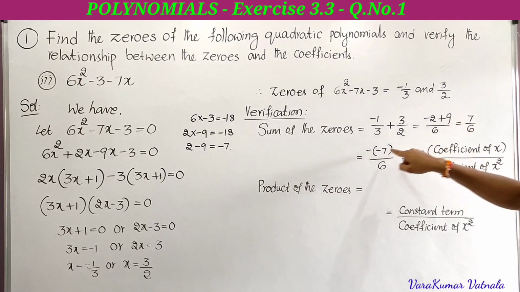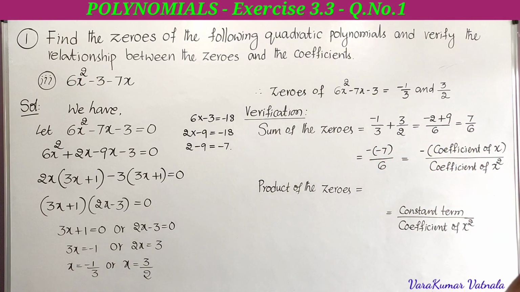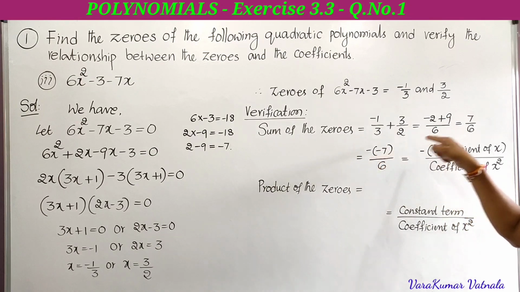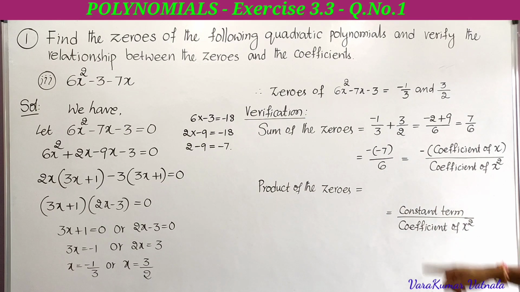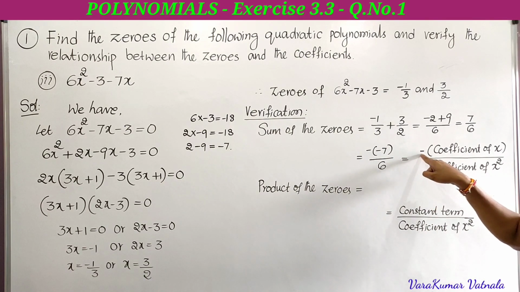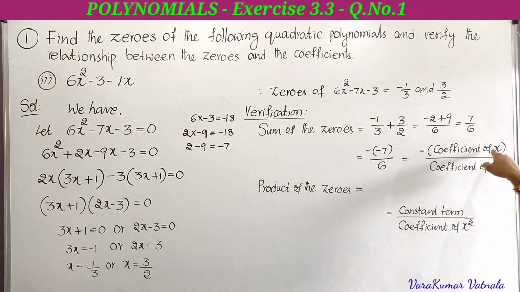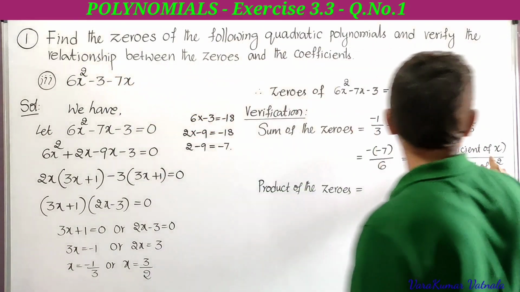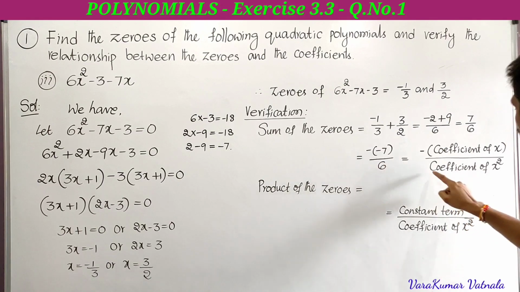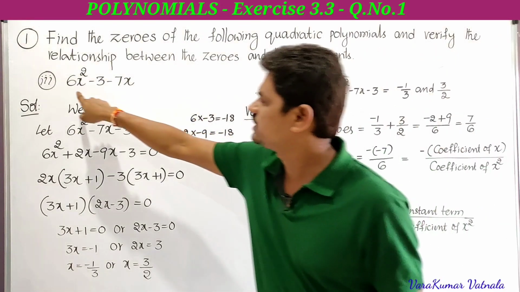But this 7 I have written as minus of minus 7, since minus into minus gives plus 7. So it is equal to minus of −7 divided by 6. This −7 is nothing but the coefficient of x, divided by 6, which is the coefficient of x².